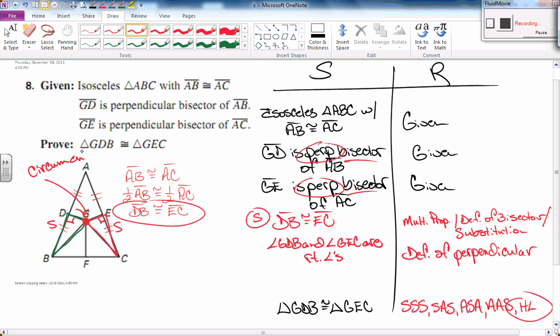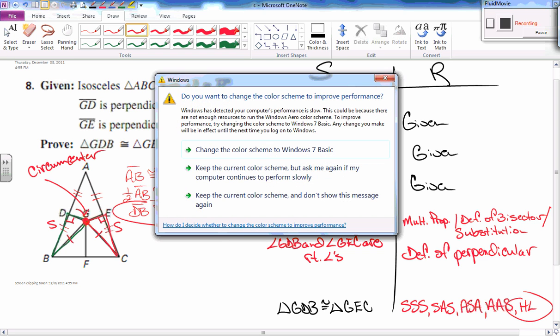And we know that any point that's on the circumcenter is equidistant from the vertices of the triangle, or in this case, this is a perpendicular bisector and so is this, then this would be as well. But it says that any point that's on the perpendicular bisector is equidistant from the vertices of the triangle. So in this case, GB would have to be congruent to line segment GC or side GC.